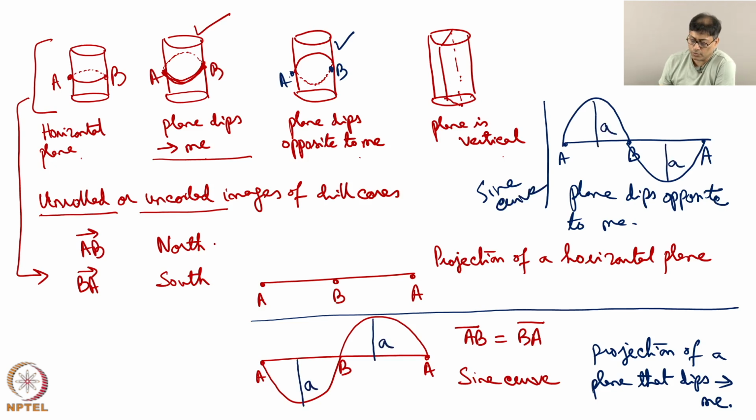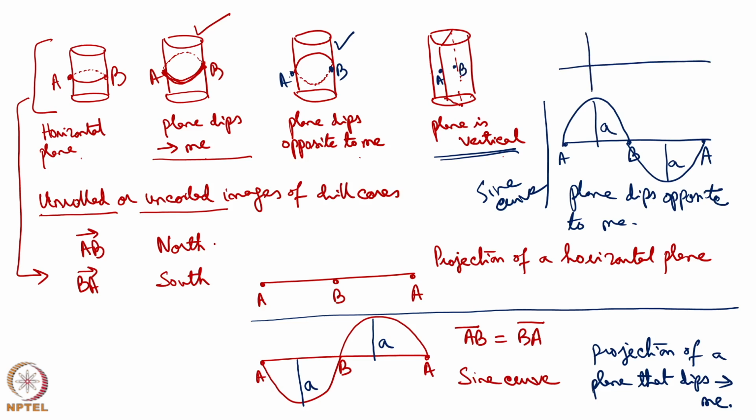Now, we are going to draw the projection for a vertical plane. Here I can take, say, point A over here, and on the rear side point B at that place. Through A a vertical line passes, which is this vertical line, and then comes B, again through that a vertical line passes, which is this dotted line, and over here point A comes back, and here also a vertical line can be drawn.